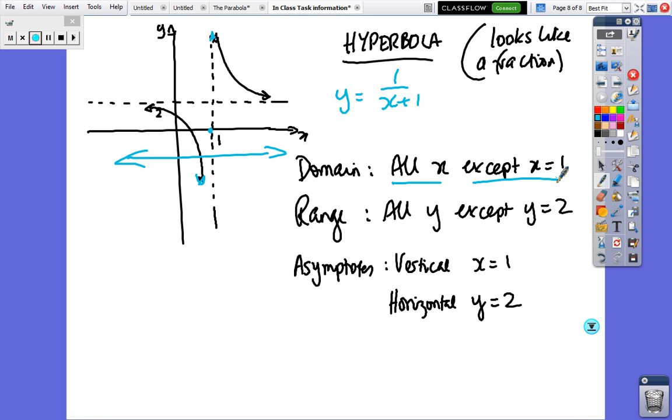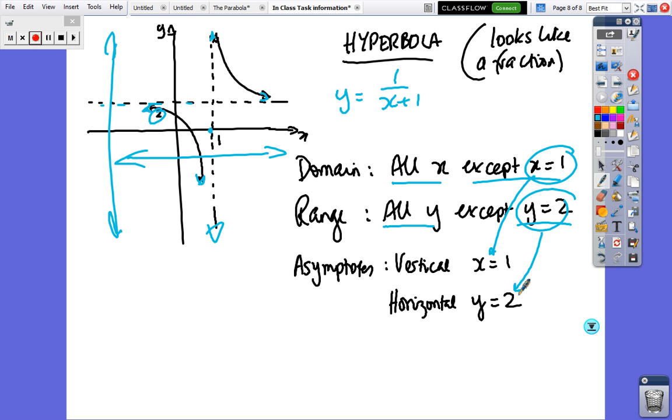The range, which is going up and down, the curve's approaching 2 from above and below, but it can't get to 2, so we say all y except y equals 2, so they have an exception. The vertical asymptote is the vertical line that the curve approaches, so whatever you've got there, that's the equation, and whatever you've got there, that's the equation.